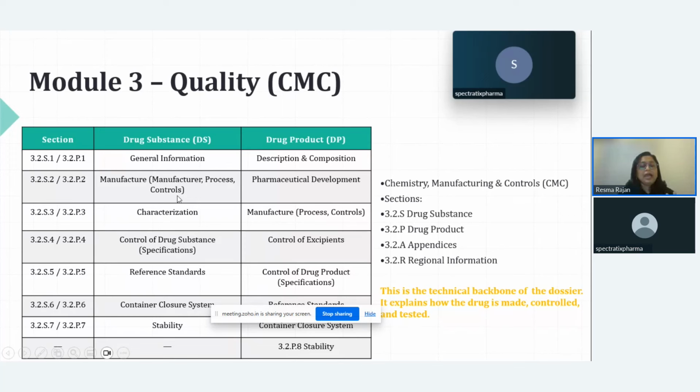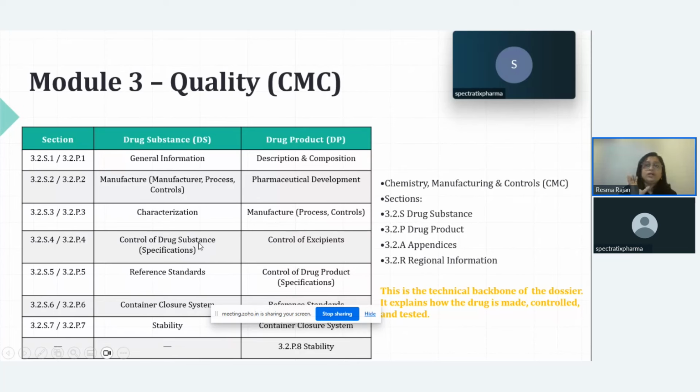The characterization part, R&D might have done. They will do the characterization, but still after production, we will check our manufactured product, whether it complies with the structure we wanted or not. That we will check. The next section is control of drug substance.